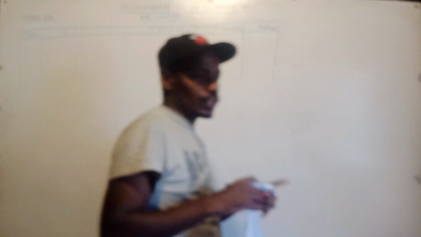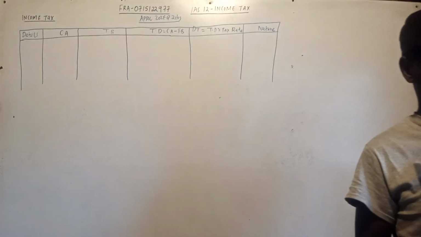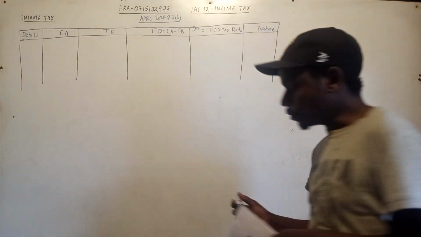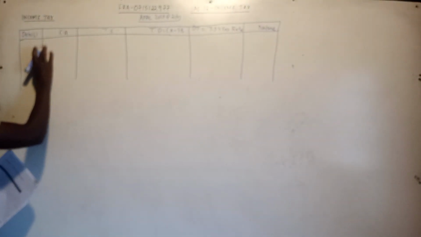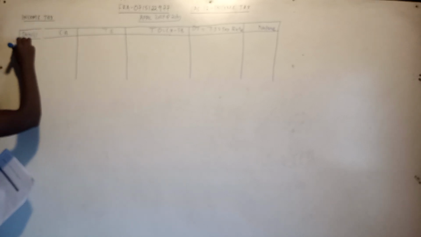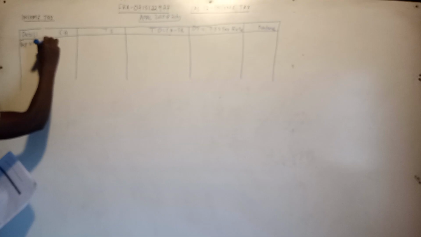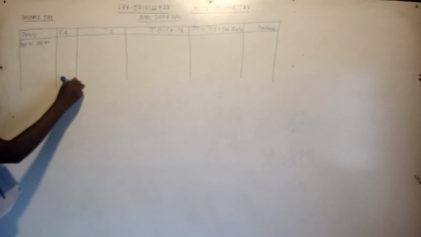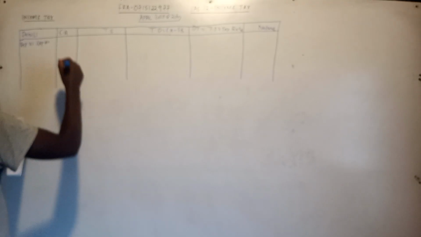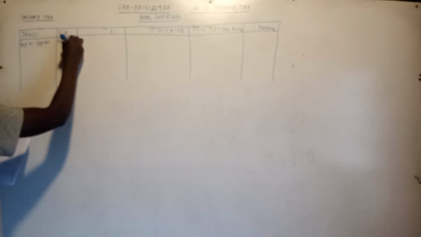Let us start with the first transaction, number 1. So we have depreciation and capital allowance. I will say depreciation versus capital allowance. I will use that analogy. Now the carrying amount will be 45 million.